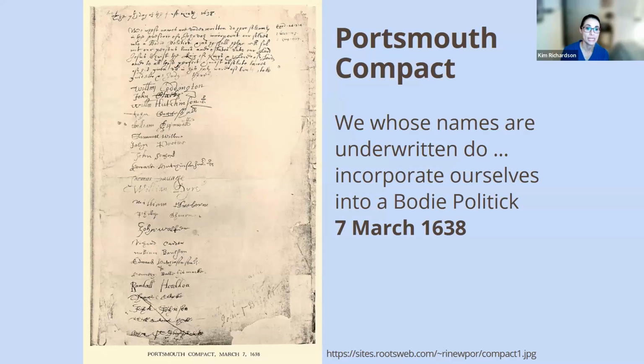They got together and said, hey, we are all going to come together and form a body politic. And within that, there was a rule in Portsmouth that said no person within this said colony at any time shall be any wise molested, punished, disquieted, called in for questioning, for any differences in opinion or in matters of religion.